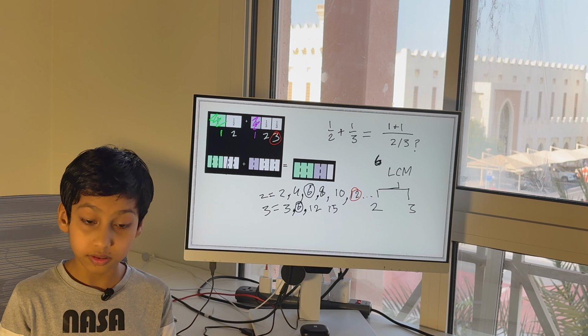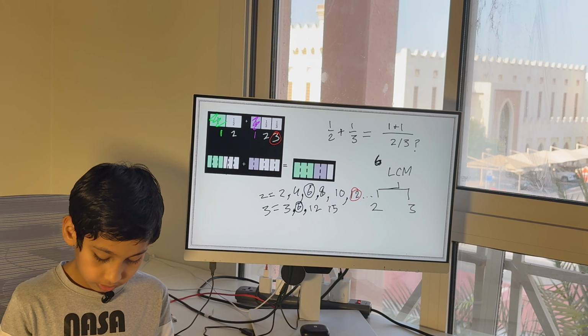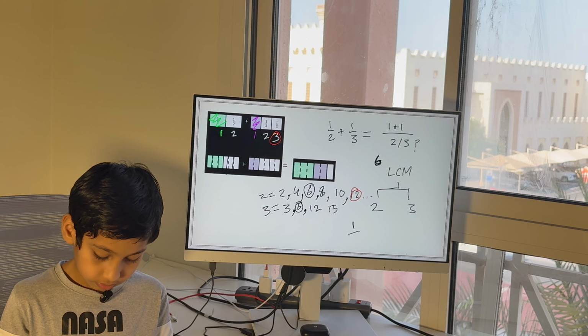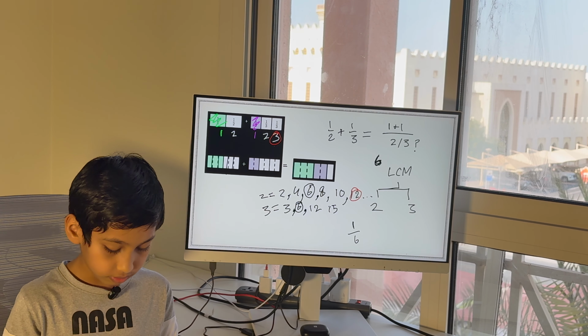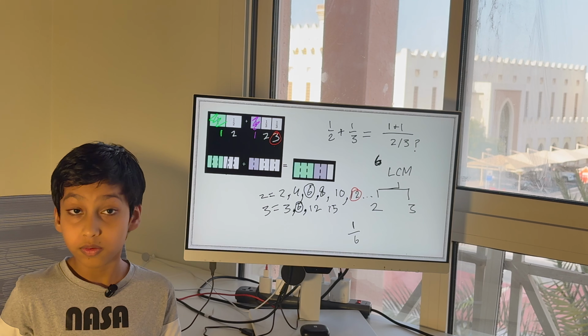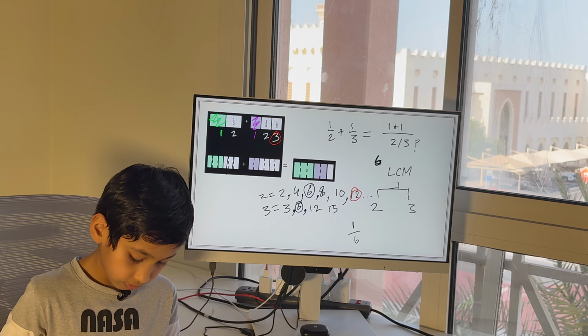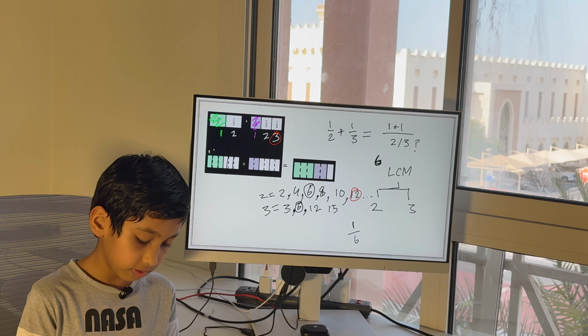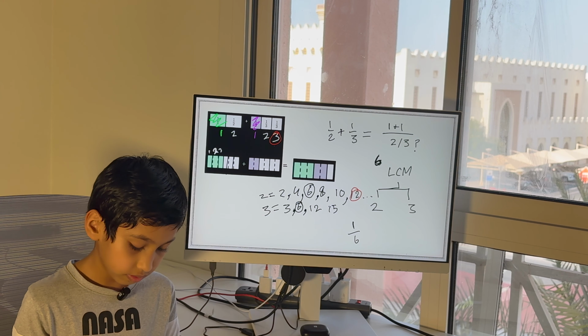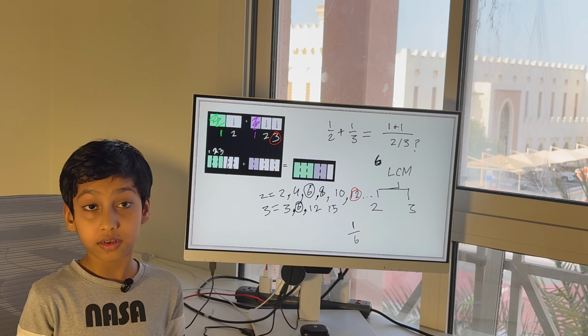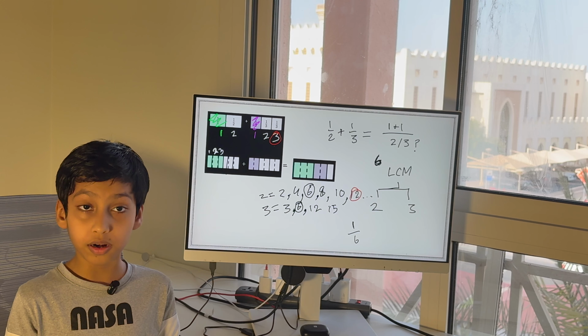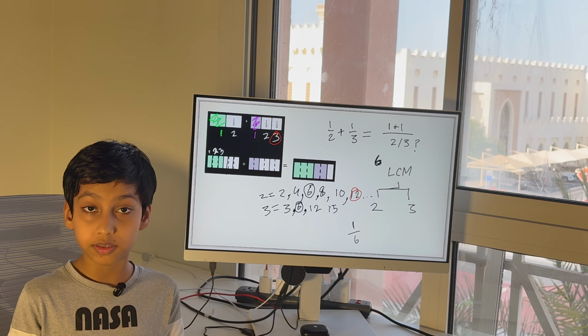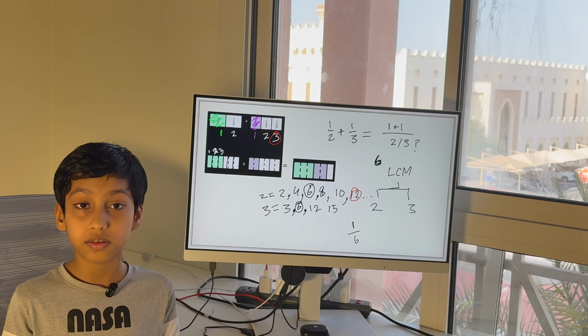So that means that 1 by 6, right? So this is the same fraction? Well, no, because as you can see here, 3 parts are selected when we divide it into 6 parts, rather than just 1 part.